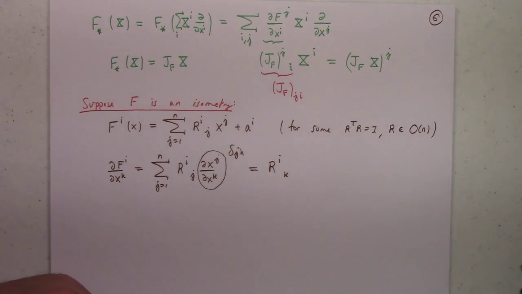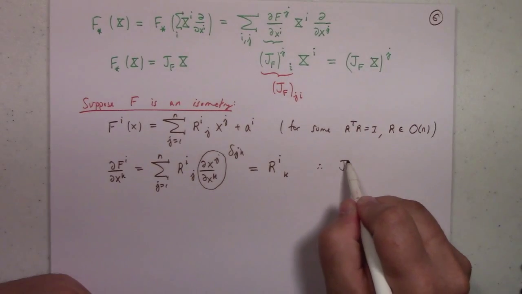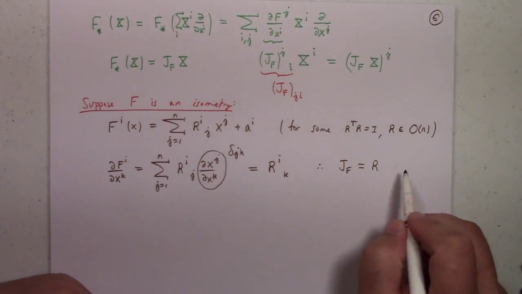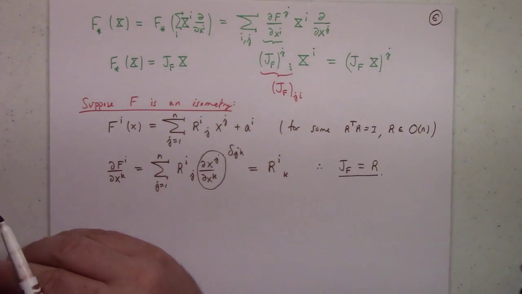Alright, so what that shows you then is the Jacobian matrix of an isometry is simply the orthogonal matrix of the isometry.